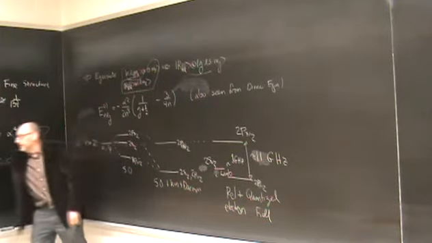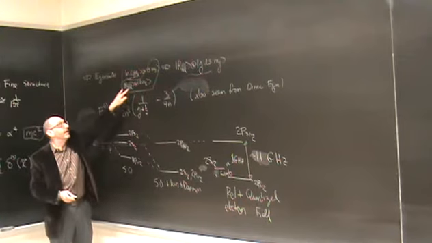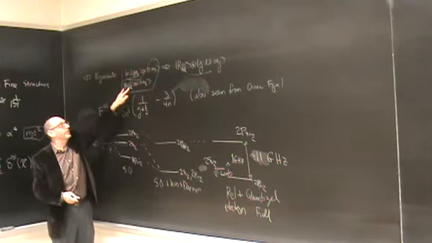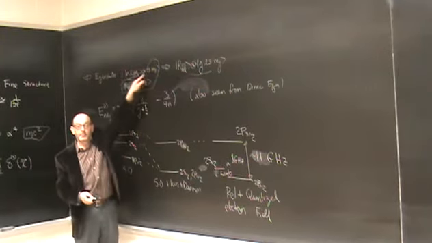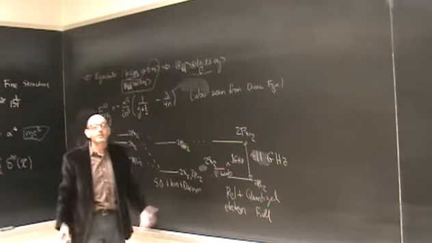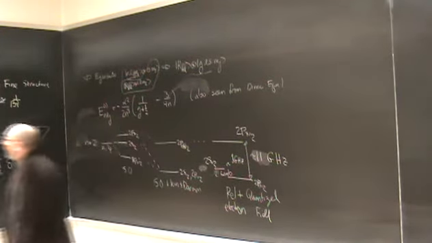These Hamiltonians are only going to have matrix elements relative to this. They have no off-diagonal elements for different m's of L or different m's of S, right?